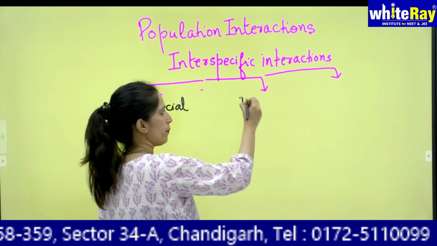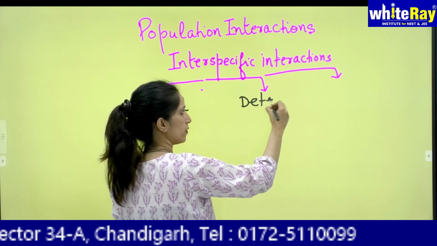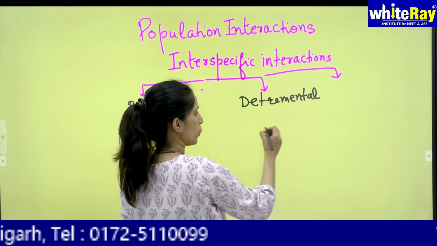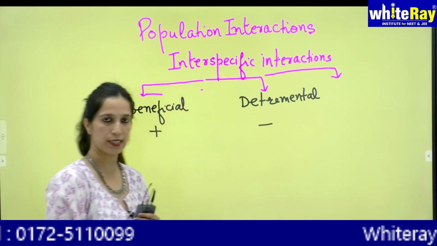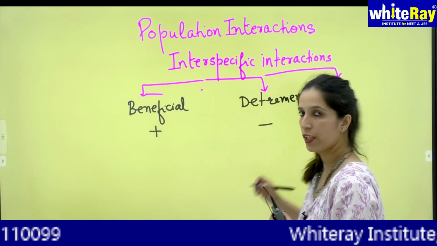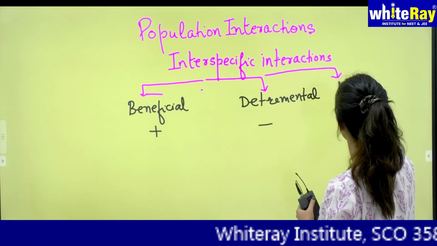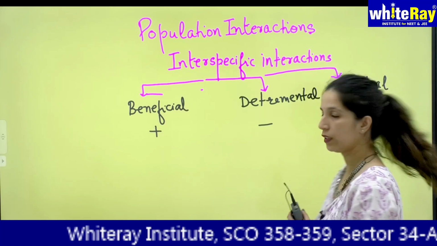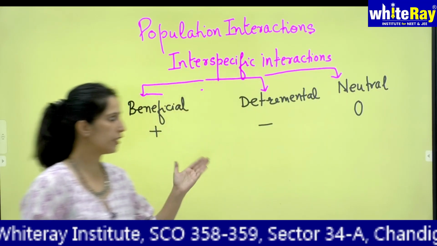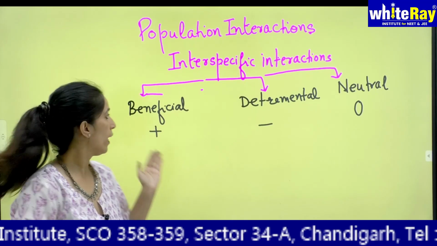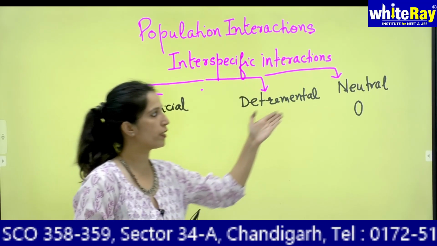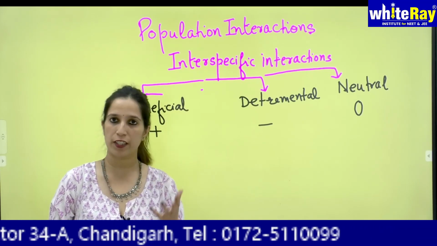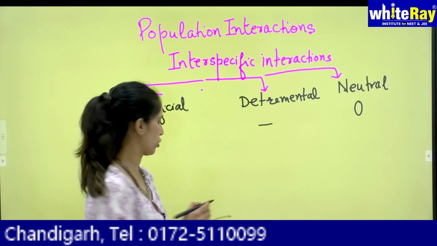Can be detrimental, for this we give the sign minus, and it can be neutral, for this we give the symbol 0. So these are the interactions that we are going to study. Interactions can be beneficial, detrimental and neutral to one or both the species. So let's see various types of population interactions.